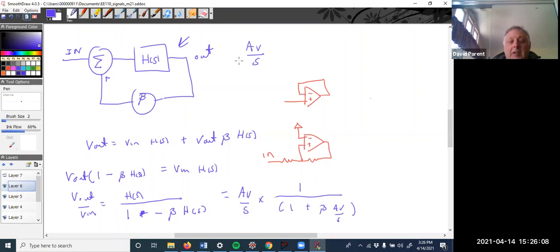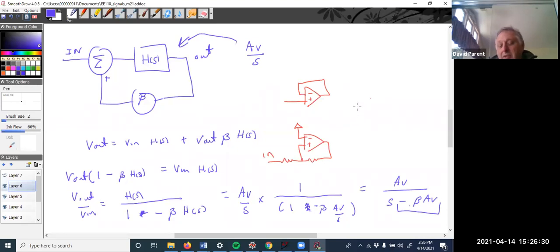We substituted in our model for the op amp, and we get S minus beta AV. Uh-oh.